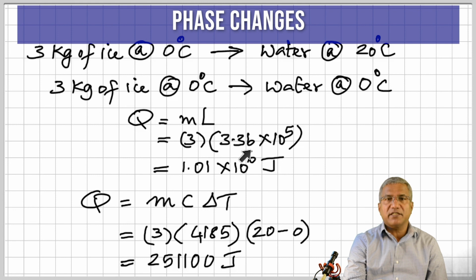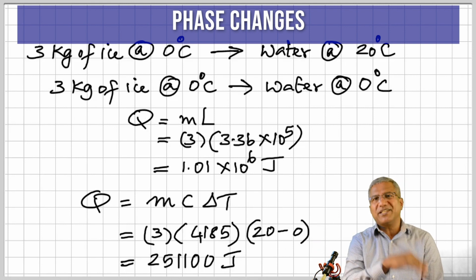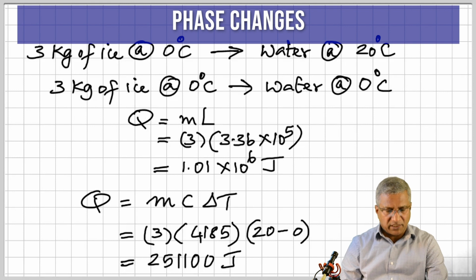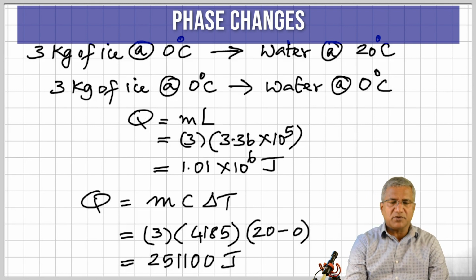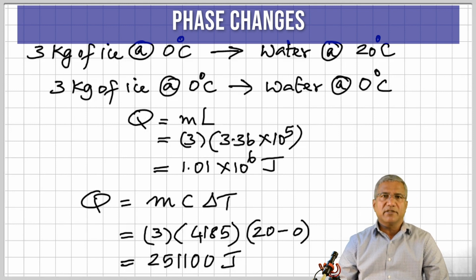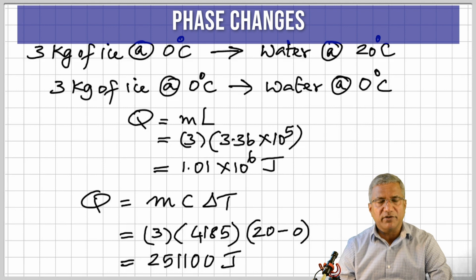Now the latent heat is 3.36. Once you get that, then you have to go from 0 degrees Celsius to 20. So we did this. I'm not going to take too much time on that. And then you got to add up both of those numbers to get the total quantity of heat. These questions are going to be important because you're going to have them on your final exam.